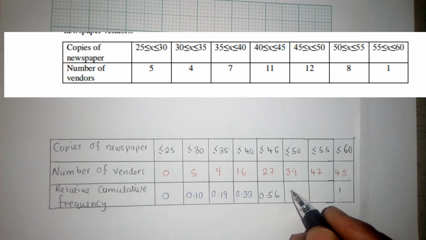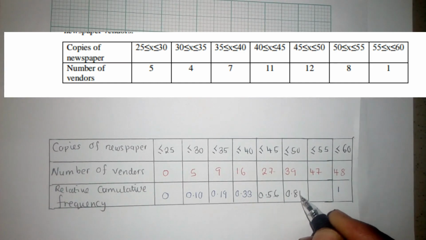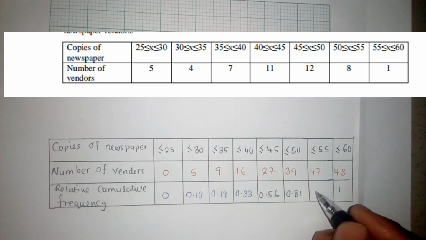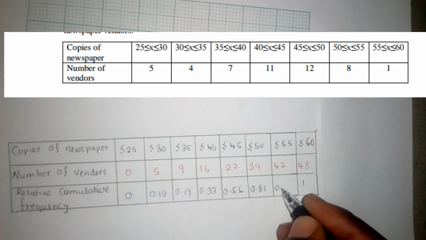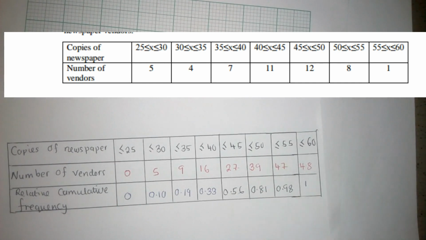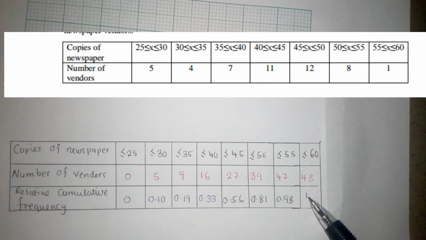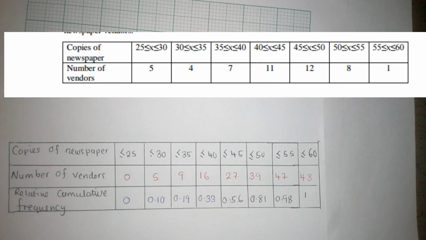You're getting 0.81. You go to the next number, which is 47 divided by 48. You're getting 0.98. And the rule is that the last number here should always be 1, because you divide this number by itself. It's supposed to give you 1.